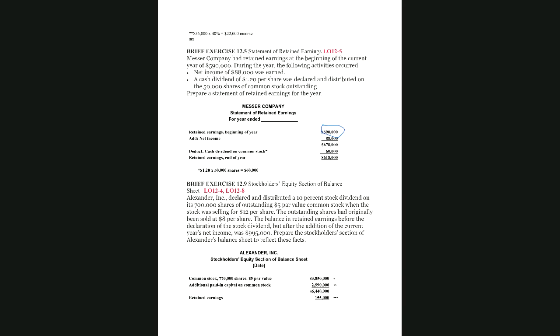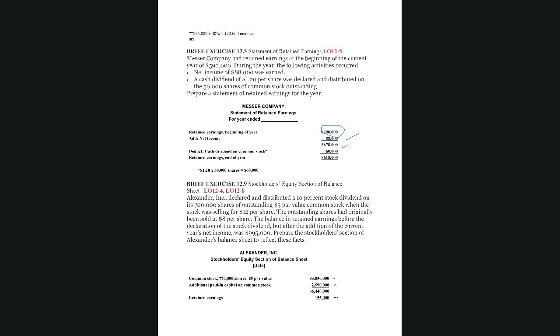Then we know that net income of $88,000 was earned this year. The net income, or net loss, for this year is always added to the retained earnings at the beginning of the year. So this equals our subtotal. That's basic. You all remember that from Accounting 101.